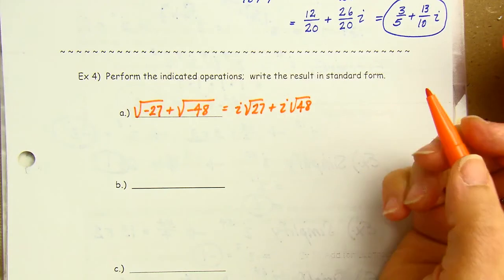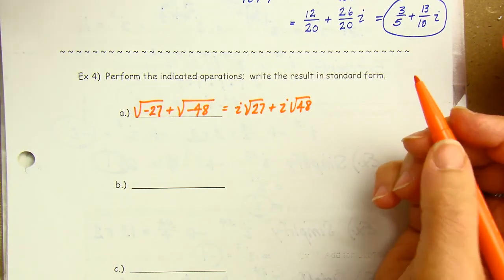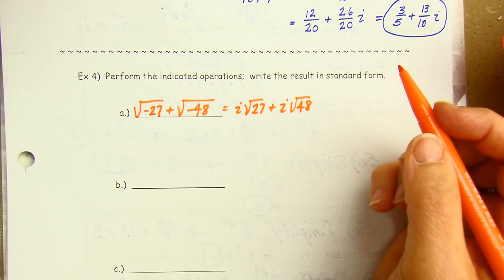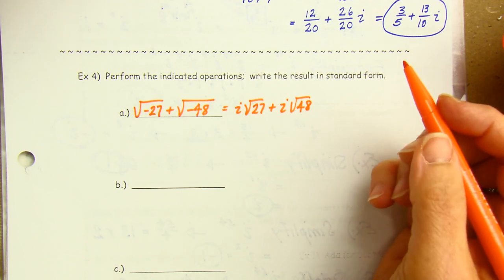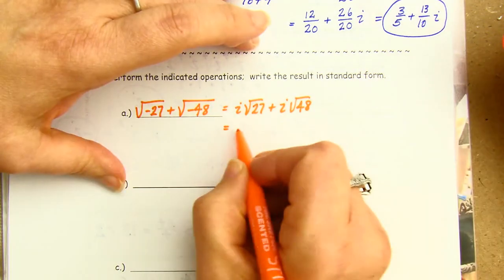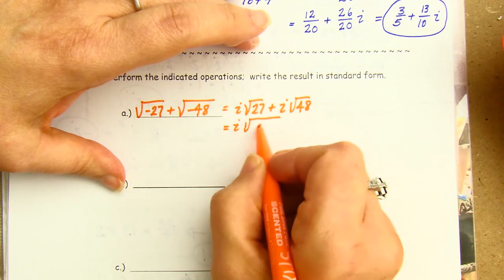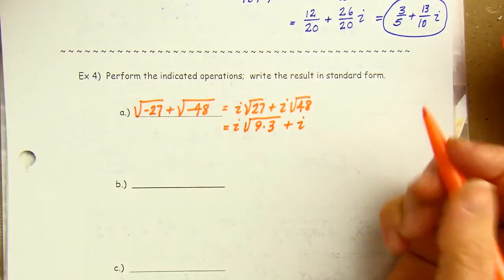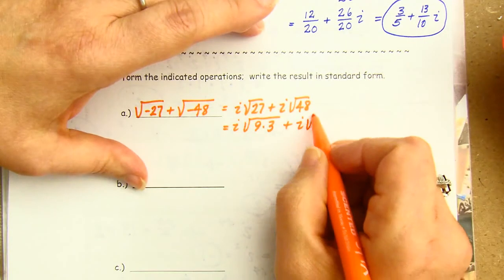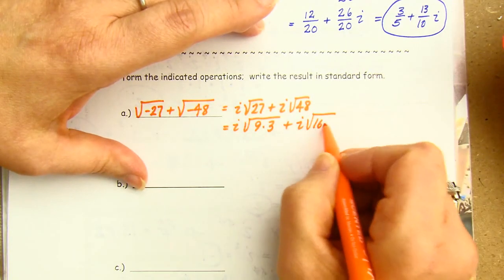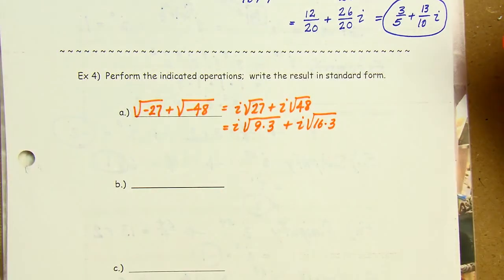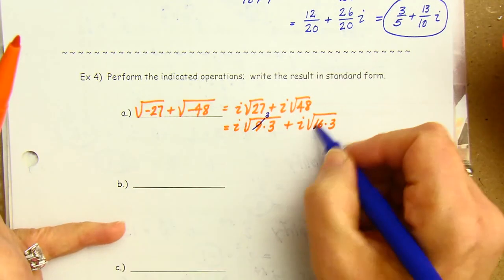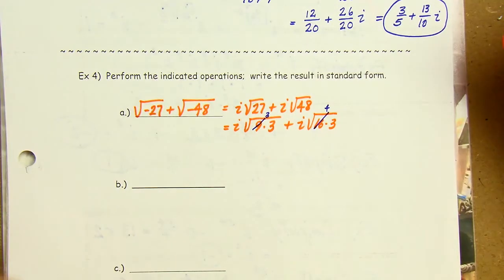Now 27 is not a square, but 9 is. And 9 is a factor of 27. It lives within 27. And so we could rewrite this as i, 27 is 9 times 3, plus i, 48. I know 48 is 16 times 3 because I'm used to my squares. All right, now remember we did this before. The 9 would come out as a 3, and over here the 16 would come out as a 4.